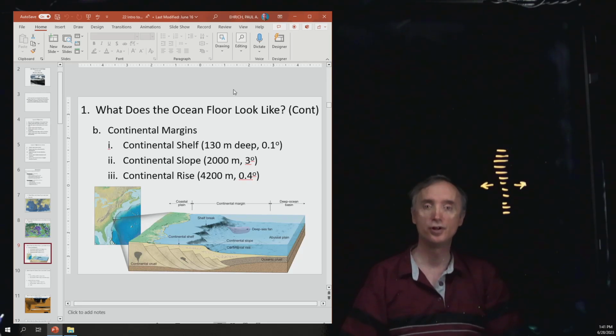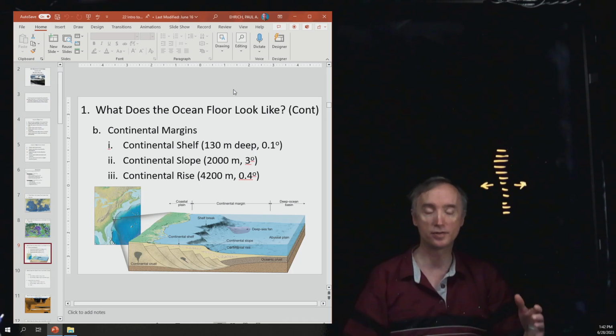Okay, you should know these words for the exam. So you should know what the Continental Shelf is, and you should have a rough idea for how deep the Continental Shelf is. So it is going to be the shallowest part of the ocean. It's the part of the ocean that has sloshed up onto the continent.